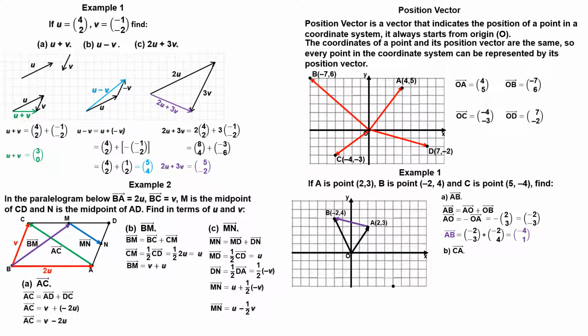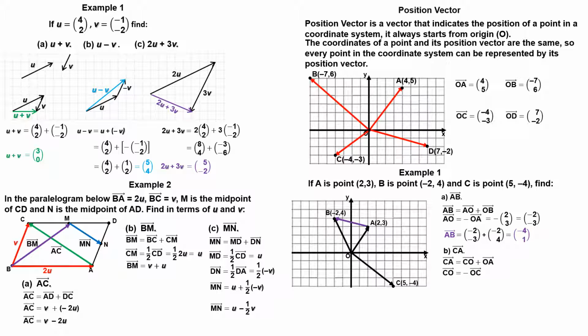Find the vector CA. Draw the position vector OC. The vector CA is the vector CO plus the vector OA.